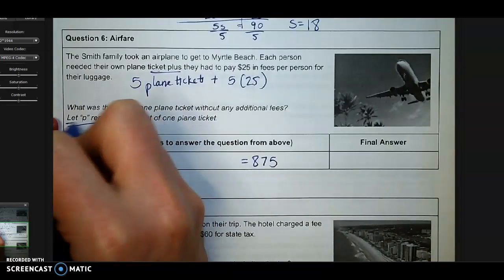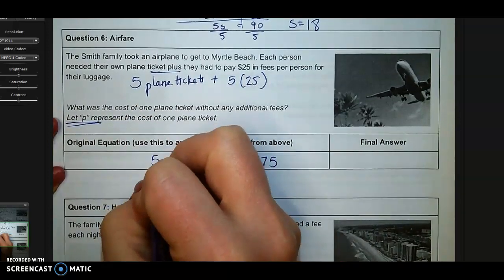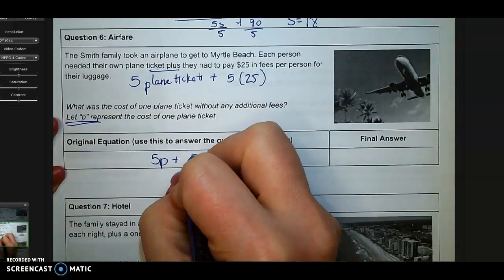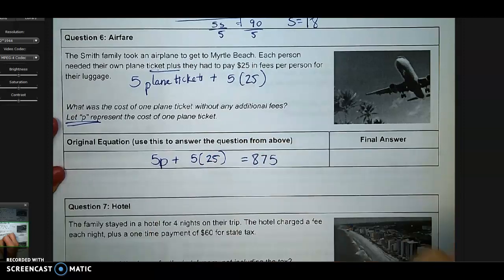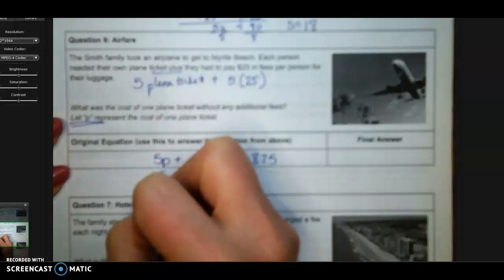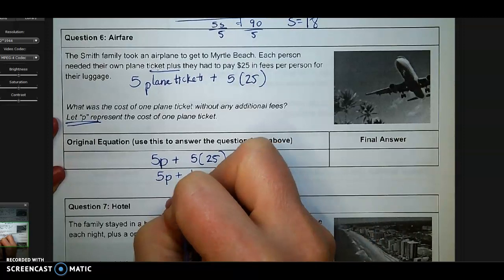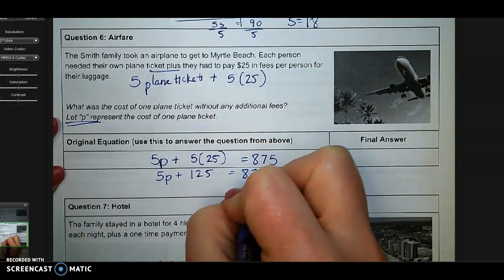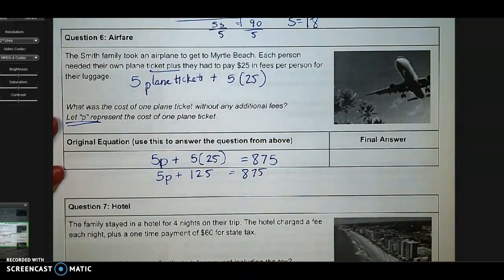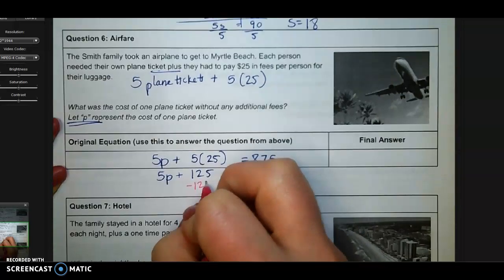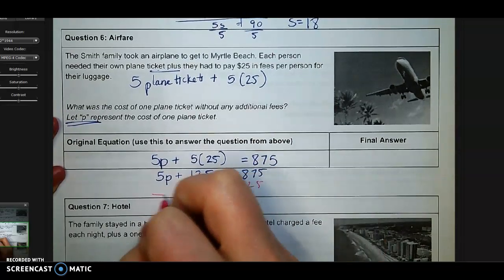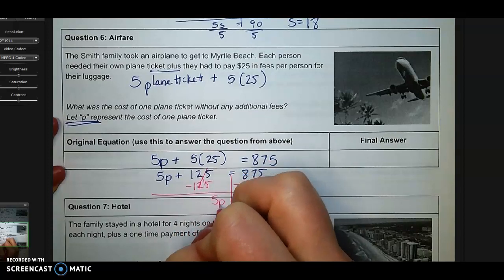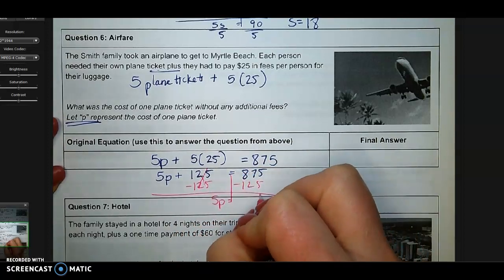So if P is the cost of the plane ticket, and then 5 times $25 for their luggage, for each person's luggage. I've got to solve this by subtracting out the cost of the luggage to help me figure out how much it's going to be.